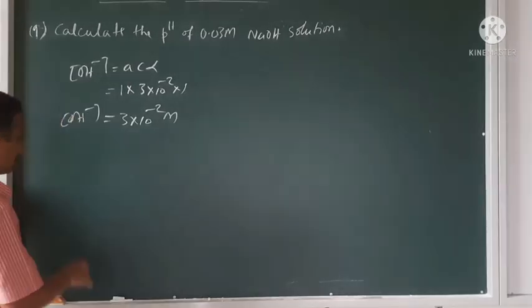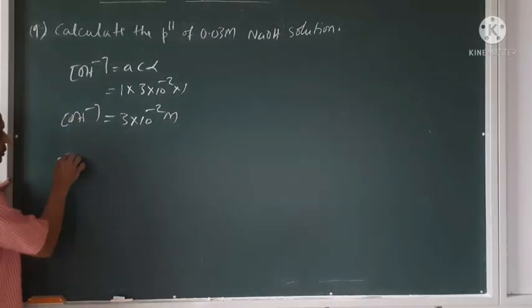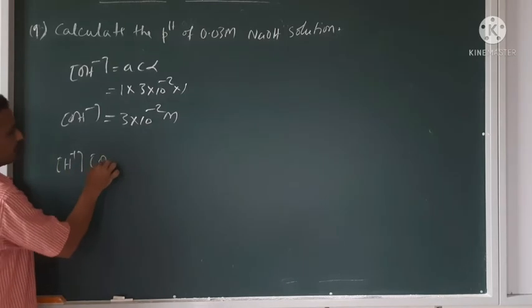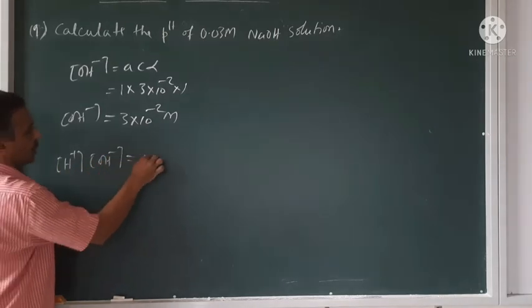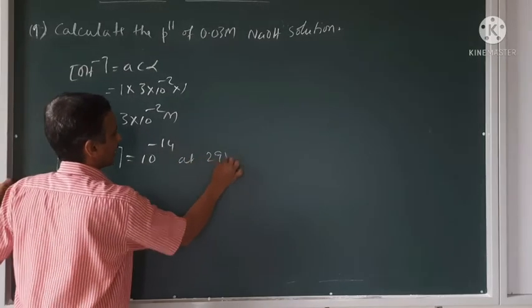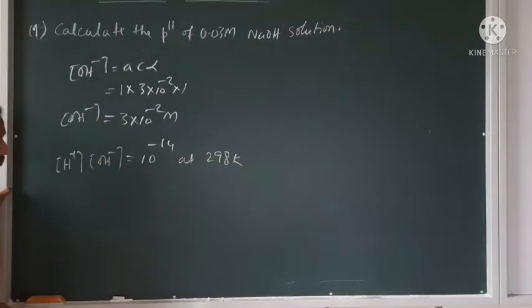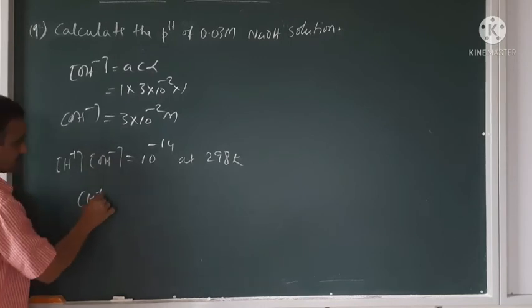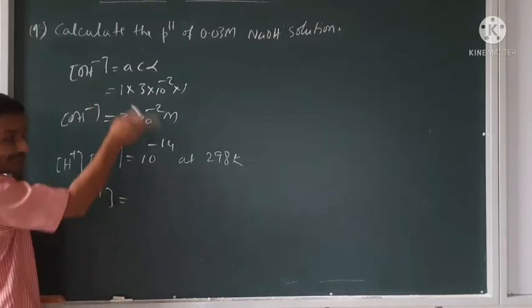I'll tell you. Because here, H plus concentration into OH minus concentration is equal to 10 power minus 14 at 298 Kelvin. So from the OH minus concentration, I get the H plus concentration. This is the alternate method.